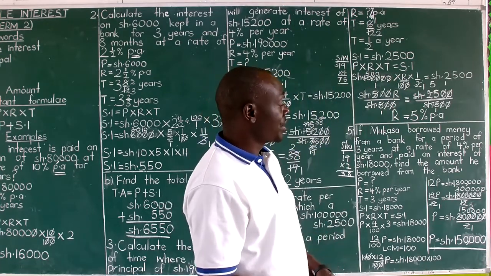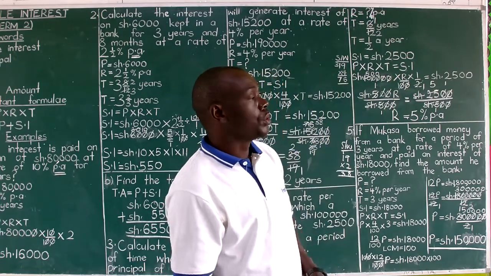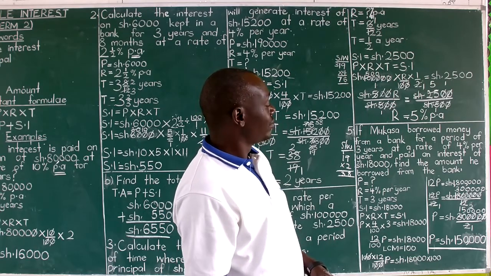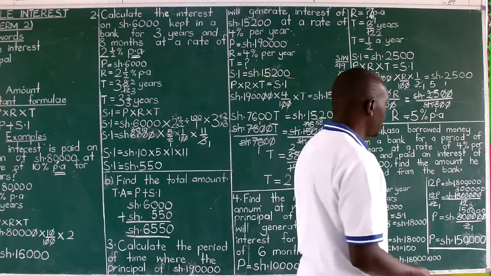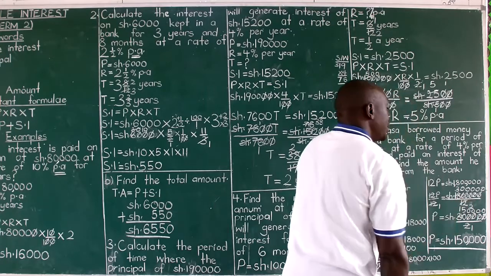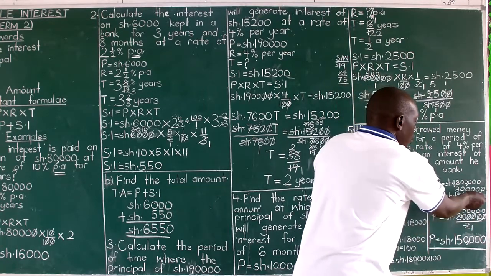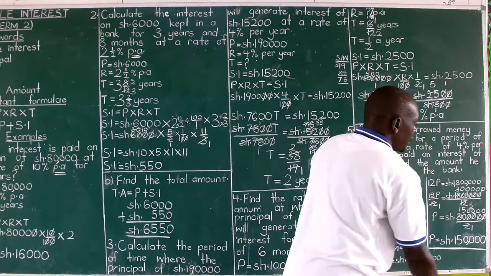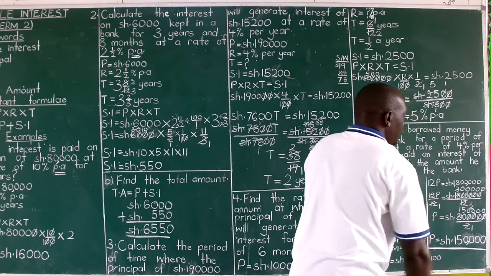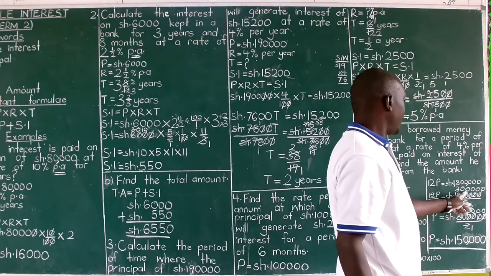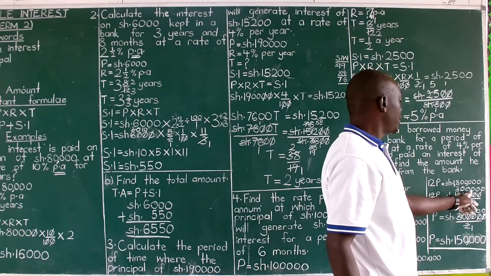You could choose to divide by 2 or by 3 as well, but I've chosen 6. 12 divided by 6, you get a 2. 18 divided by 6, you get a 3. Then all the 5 zeros must be written up, 1, 2, 3, 4, 5. So I've got 300,000.